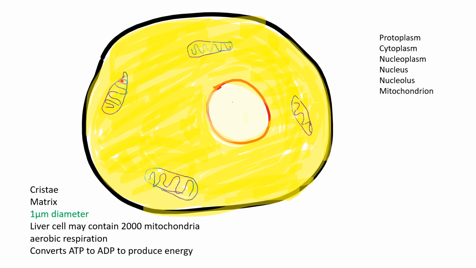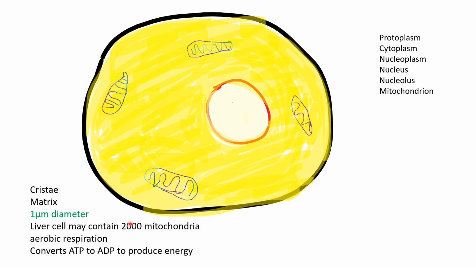Mitochondria are very small, only about 1 micrometer in diameter, and they are very important for aerobic respiration, which means oxygen is required to perform this function of respiration. By respiration, it produces more energy. The more energy a cell needs, the more mitochondria it has.